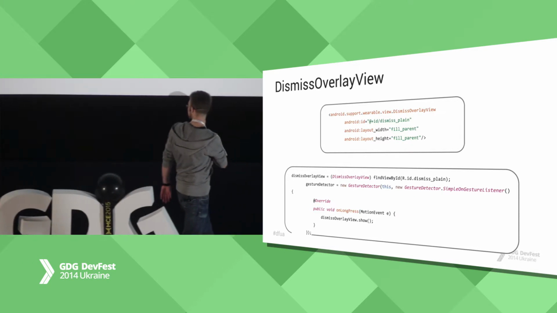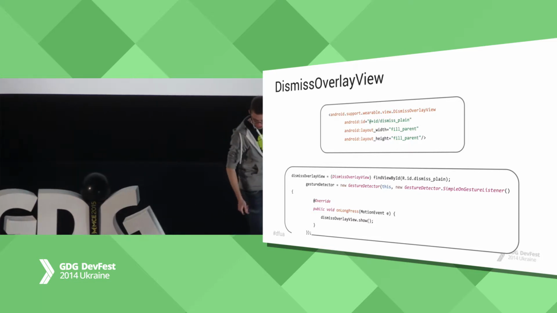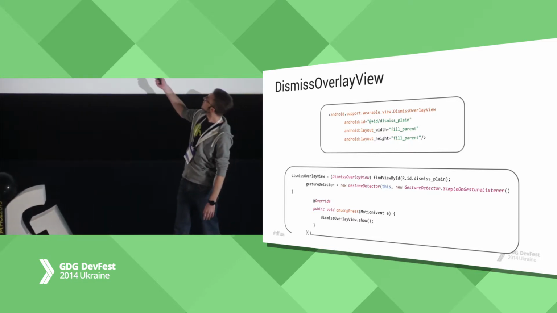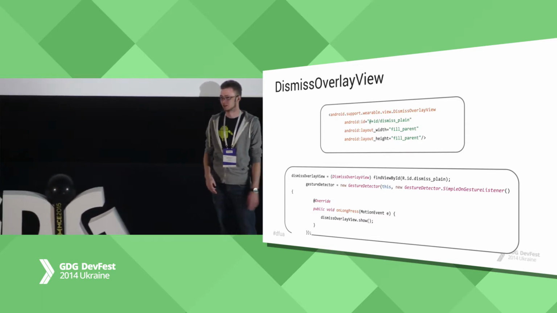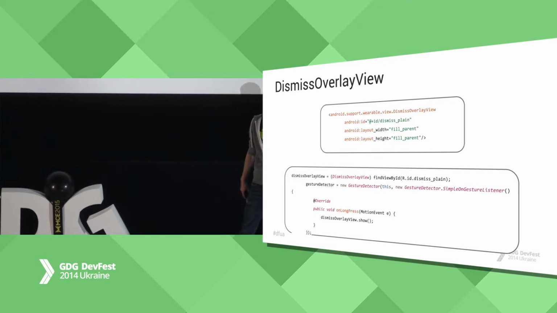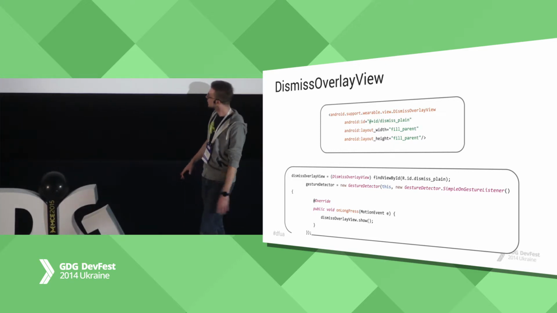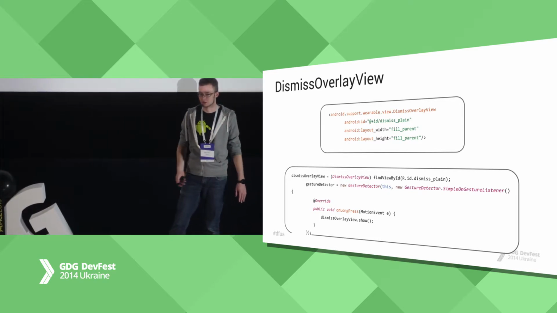Okay, it goes out of the screen there. Oh, I see it. Okay, we put it on our layout on the root view, so it will cover our content. But it starts invisible, so it isn't active. And there is some code about gesture detector.